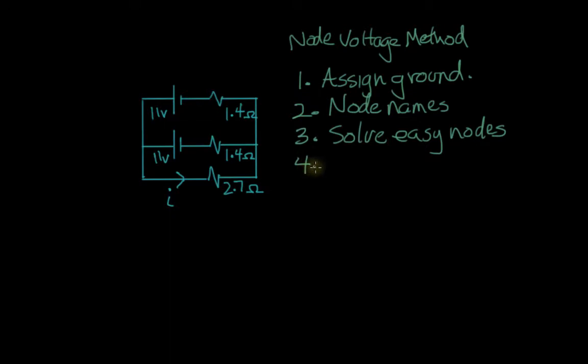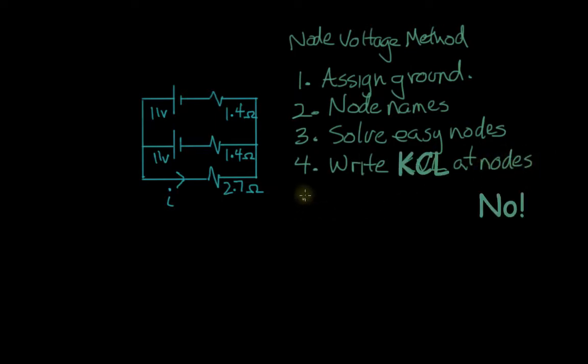Step 4, I'll tell you what an easy one is in a minute. Step 4 is to write Kirchhoff's voltage law for the nodes, KVL, Kirchhoff's voltage law at the nodes. And step 5 is solve.